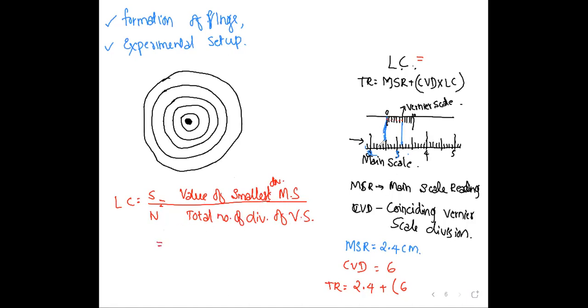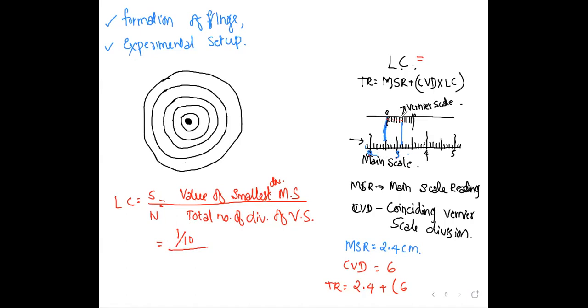So here, what is the value of the smallest division on the main scale? From 2 to 3 there are 10 divisions. So in 1 centimeter there are 10 divisions. 1 centimeter divided by 10, whole divided by the total number of vernier scale divisions.